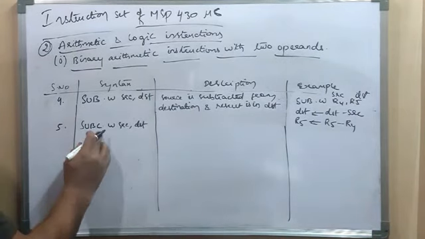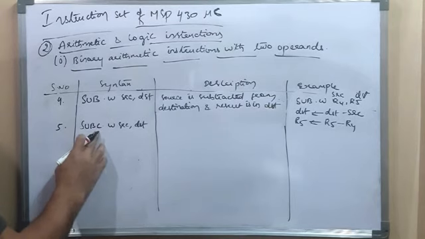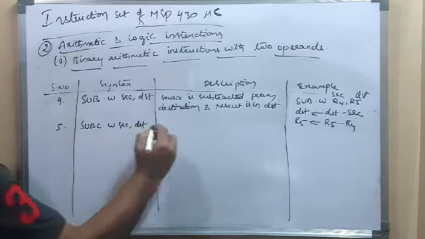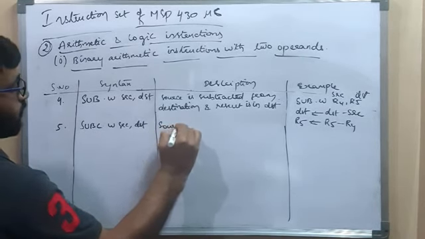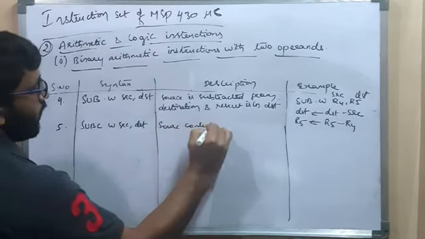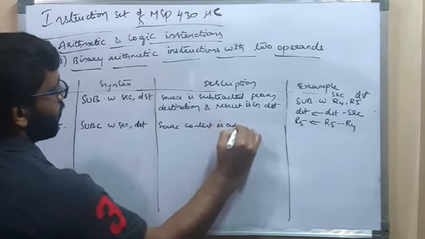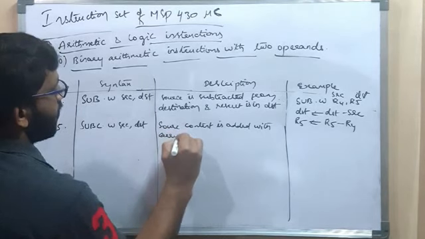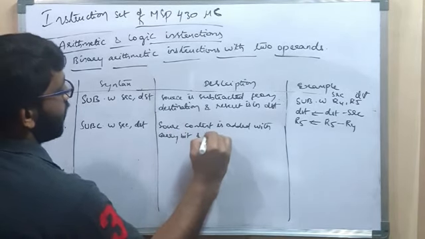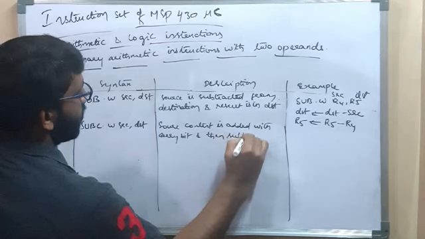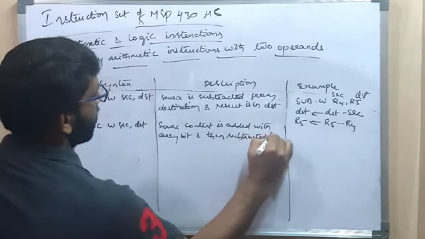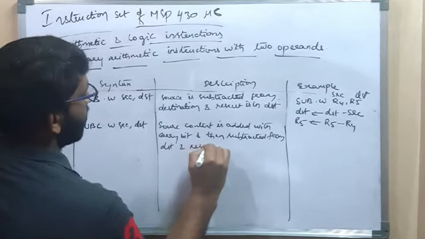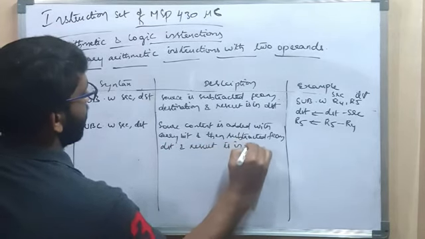So subtraction with borrow, that is source content is added with carry bit and then subtracted from destination, and result is in destination.